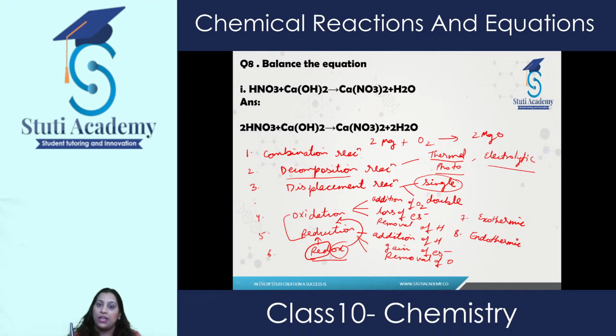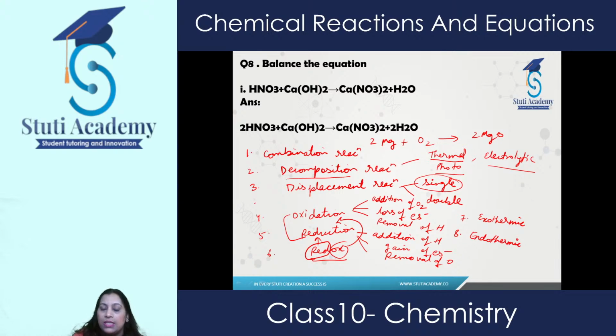Exo means exit. So if heat is exited or evolved, that kind of reaction is known as exothermic reaction. And combination reactions are generally exothermic. Endothermic, when heat is absorbed, that kind of reaction is known as endothermic reaction. So these are the different reactions which we have already discussed, and I covered all the reactions when I was discussing this chapter in detail.